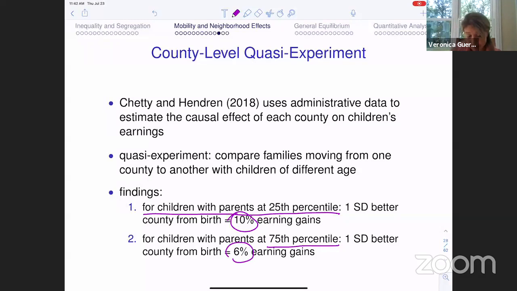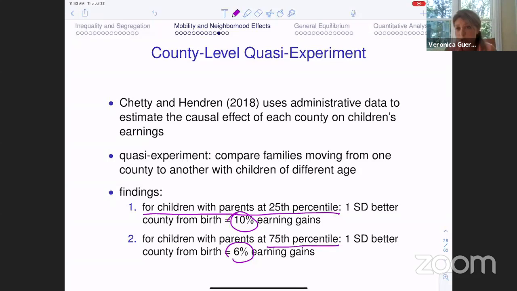Okay, so of course there are some issues with that, because you may think that there may be selection depending on the age of the kid when the family moves. So they try to use a bunch of different exercises to control for selection bias.